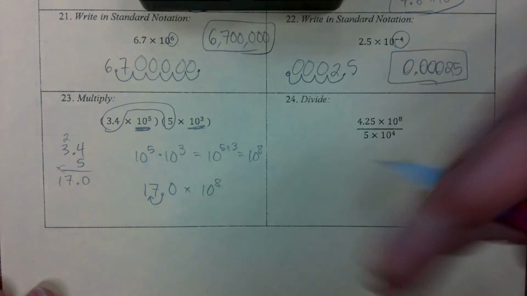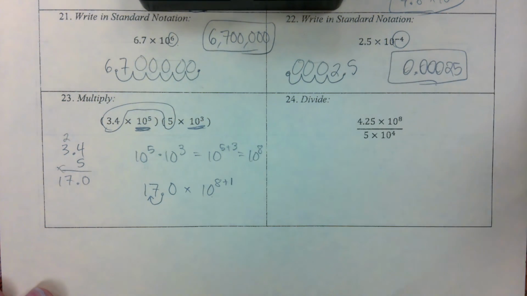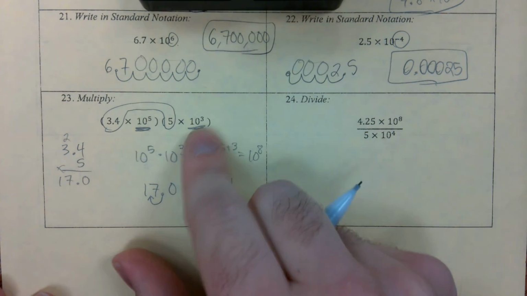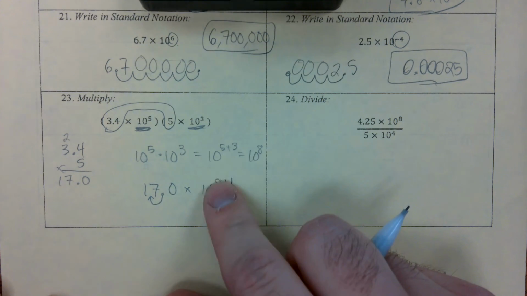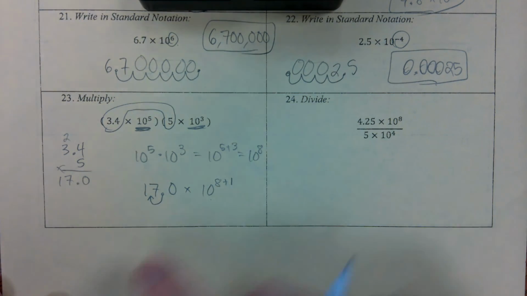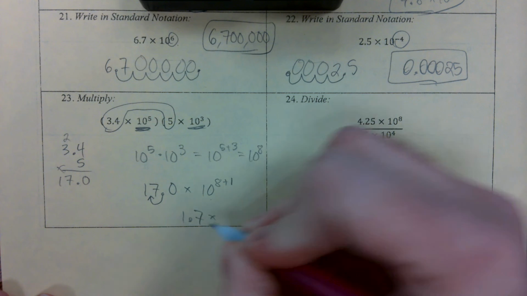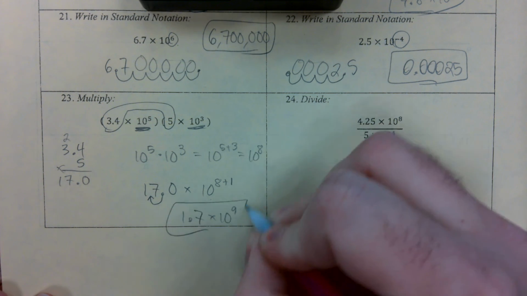We're going to add 1. Multiplying, addition. Always put those two concepts together. For multiplying numbers in scientific notation, we've got to add 1, and we have to add their exponents. 1.7 times 10 to the 9th.